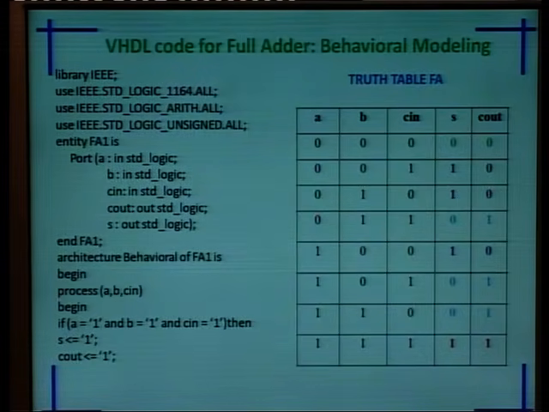Next is the VHDL code for full adder using behavioral modeling. The same adder that we implemented with data flow, now we will implement with the help of behavioral modeling. In behavioral modeling we have to write the truth table, and in this truth table we have to find what are the common outputs available in the sum and carry out.